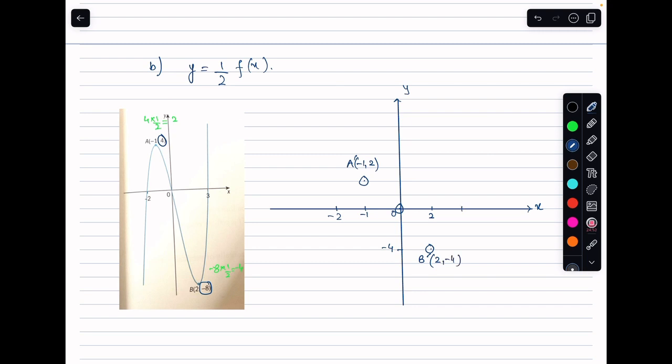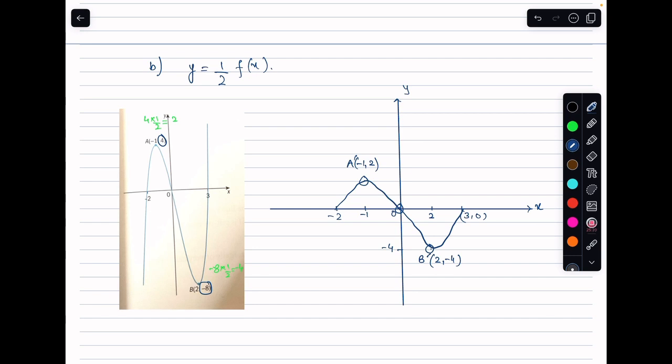For 3, obviously it will remain the same, (3, 0), because 0 times 1/2 gives 0 again. So to sketch the graph, my new graph here is going to be this graph with the transformation. This is how I will be sketching my new graph here.